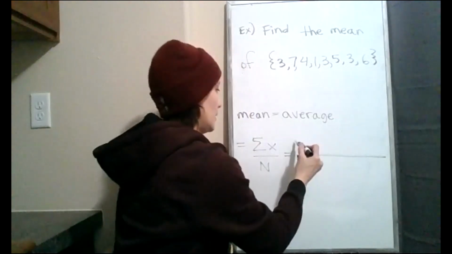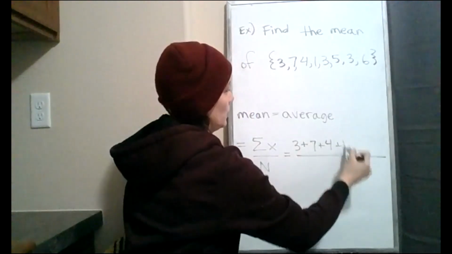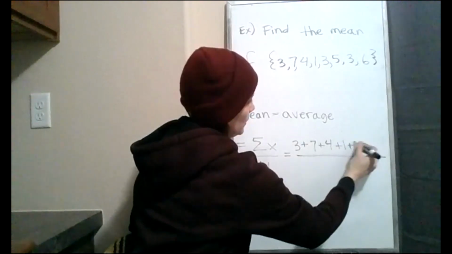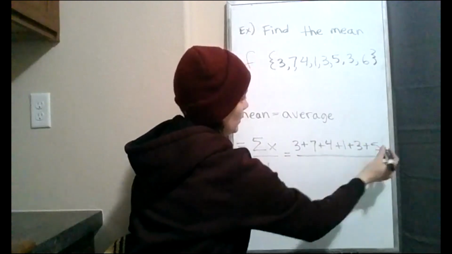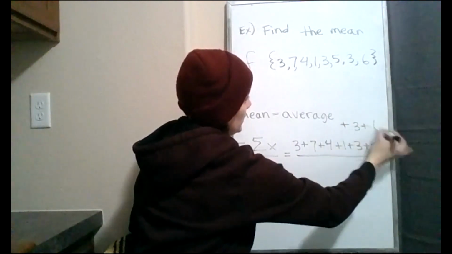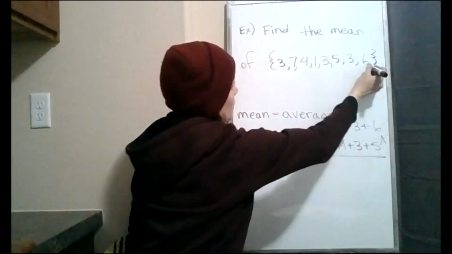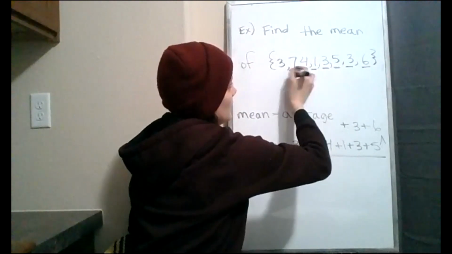Right. 3 plus 7 plus 4 and 1 plus 3 plus 5 plus 3 plus 6. 2, 3, 4, 5, 6, 7, 8.